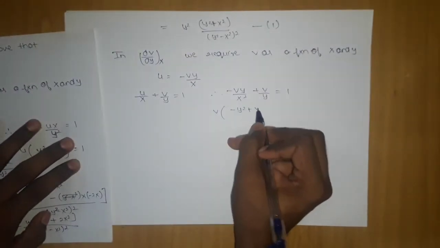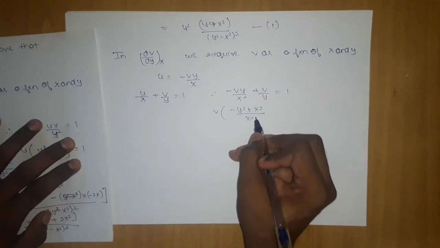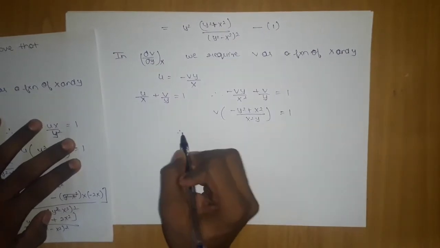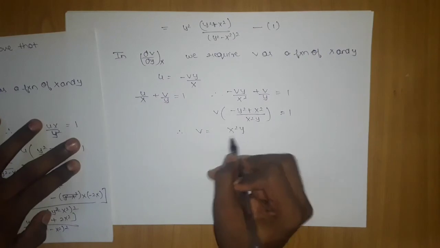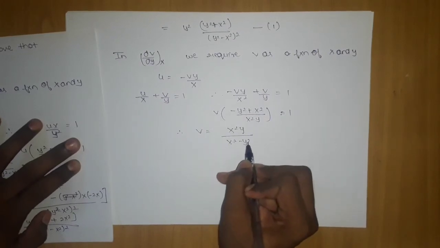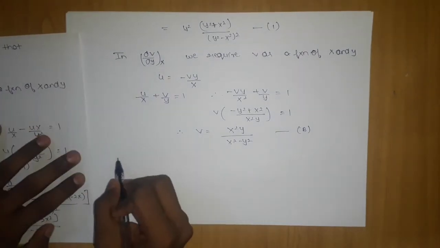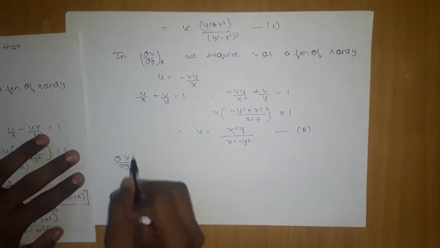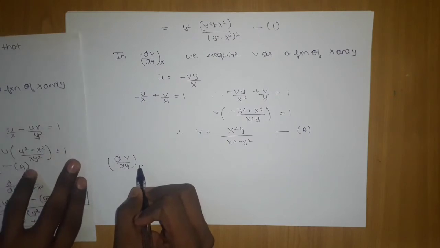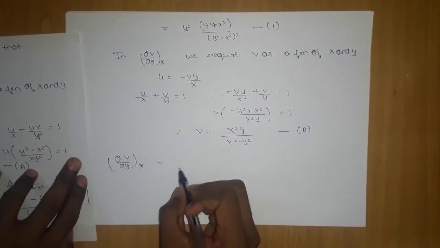I require my x, so on one side v should be there, and the rest should be the equation. So I am finally going to get, so this is my required equation, I will call it B. So dv/dy, keeping what? x constant, will be what?